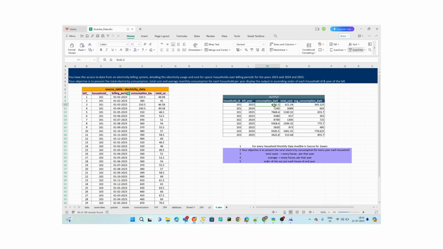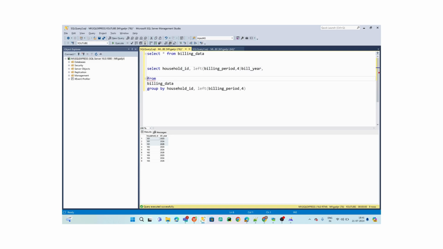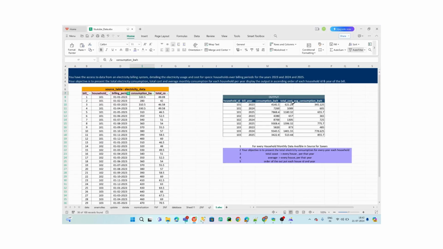Now we need to do the aggregation. Total consumption means on top of the consumption kWh column. So let me do the aggregation here: sum of consumption as consumption kWh of year. Year-wise consumption. We have 12 months of consumption individually, but now I aggregate those 12 months. Then the next thing is total cost.